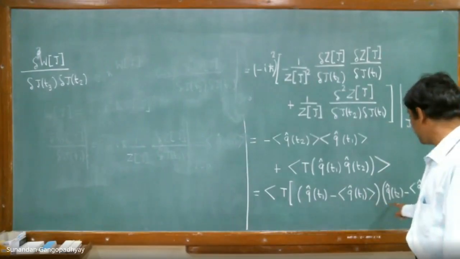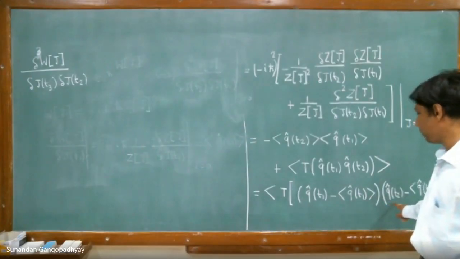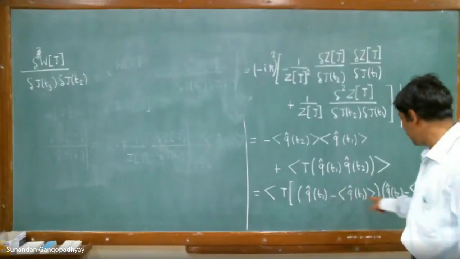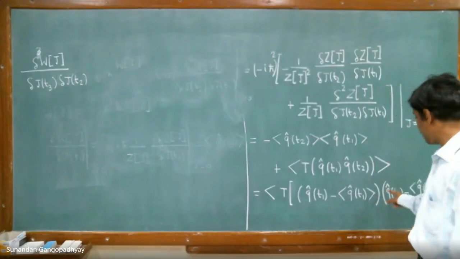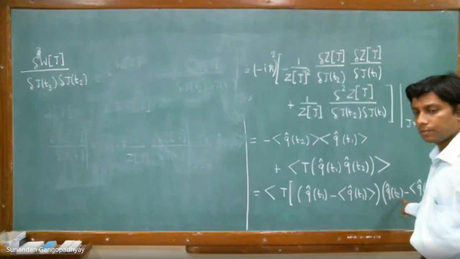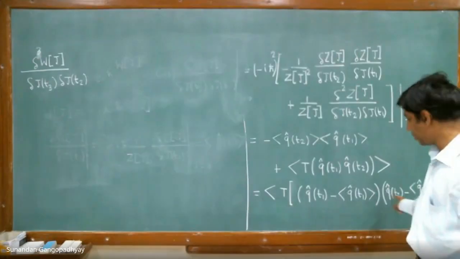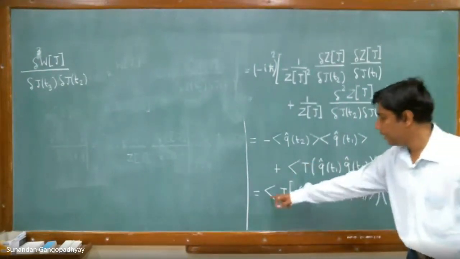Yes, sir, that is fine. Now this multiplied by this will give you what? No, no. This term multiplied by this term will give you minus expectation of this times minus expectation of this. Because this is a number, you can take it outside and you have an expectation.